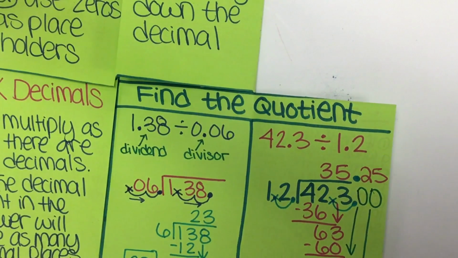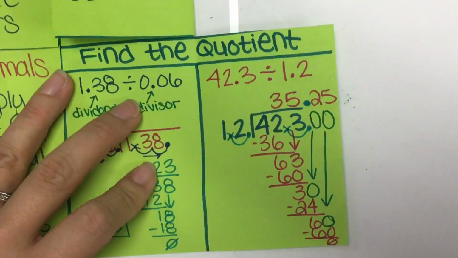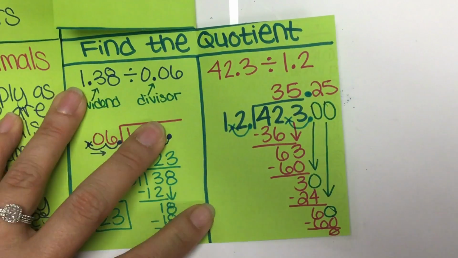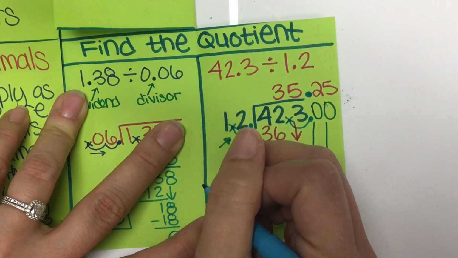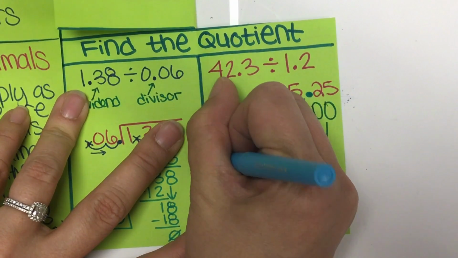We're going to make a few notes here, just so that you have them in case you need them. So just a reminder right here, what we did was you must make the divisor a whole number.